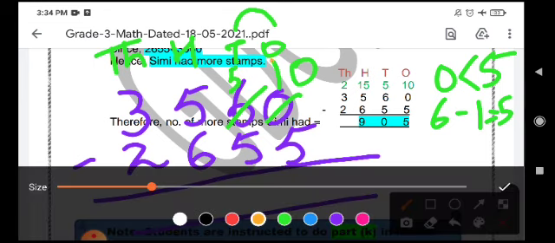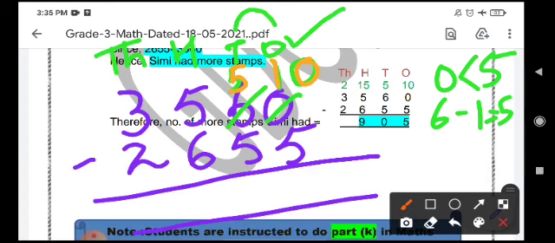Got it? Done. Now we'll subtract the ones digit. 10 minus 5. Take away 5 from 10. You will be left with 5. 10 minus 5 is 5. Right? And 5 minus 5, the numbers are the same, so it is 0.